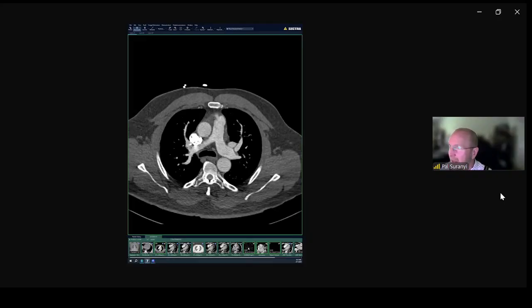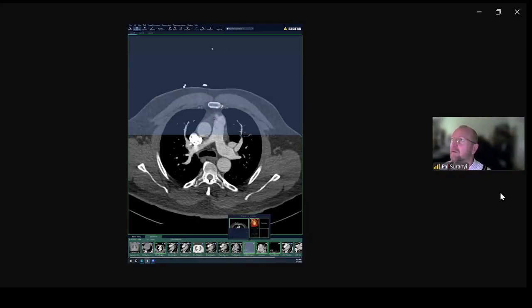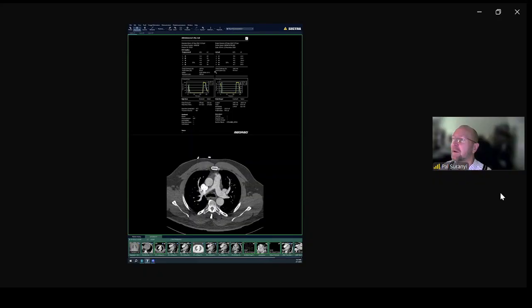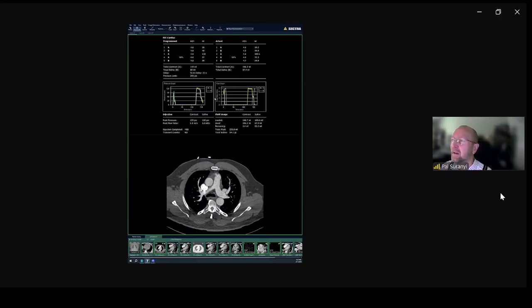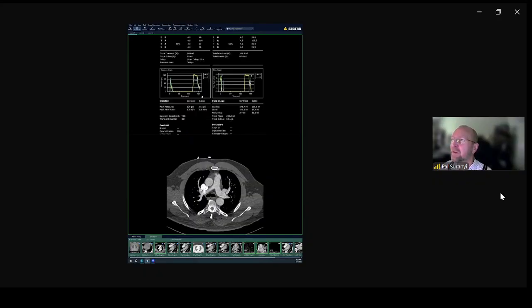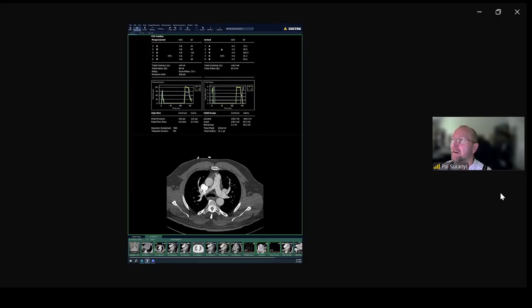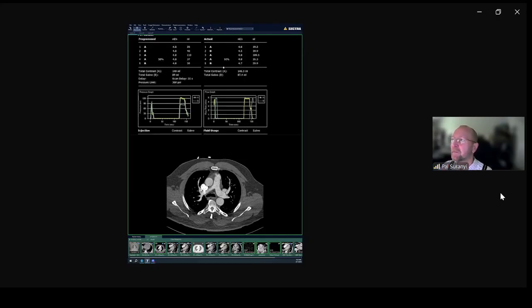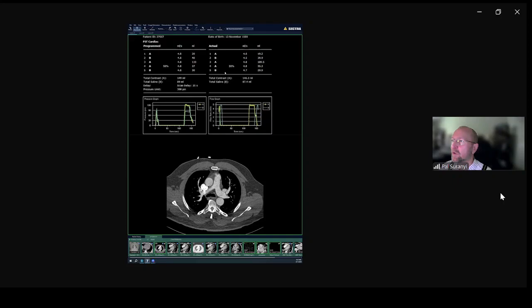And actually, I have the contrast injection protocol here. I'm going to hide the patient's information, but here you can actually see the contrast injection protocol. So A is saline, or no, maybe A is contrast, I believe.